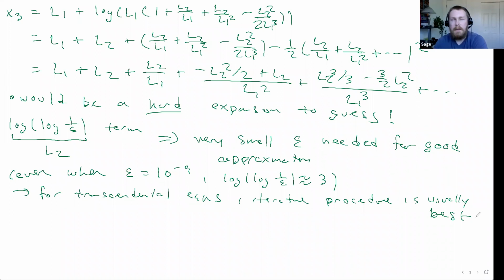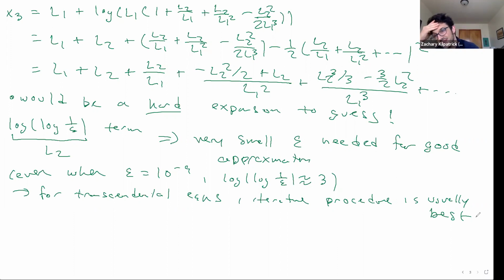I'm trying to reprocess this, so let me know if this makes sense. So the idea is we do this iteration and continue to get nested logs until the term inside the next nested log is small enough for which a Taylor series is sensible. And that's why we don't go above L2. You couldn't have done a Taylor series for log of 1 over epsilon, right?